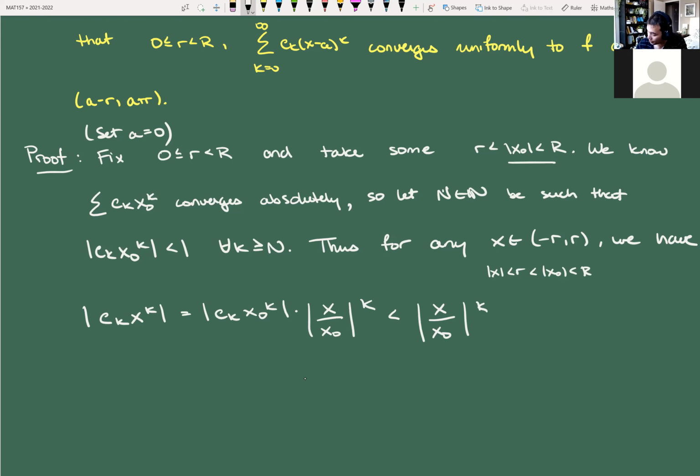So this number is less than 1. This is a geometric series with ratio less than 1, but this isn't good enough. This does not give me uniform convergence. If I'm doing pointwise convergence, great, by the basic comparison theorem this thing converges, but I need uniform convergence, right? So what do I do here? Does anyone see? What theorem did we talk about on Thursday that gives me the result that I need?